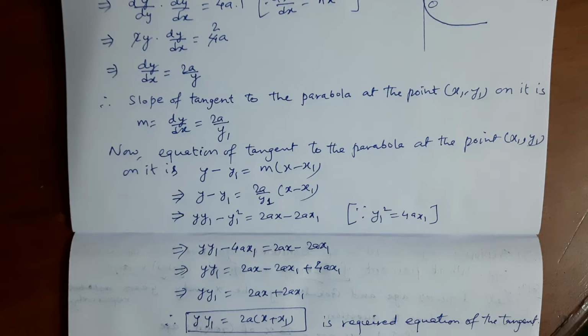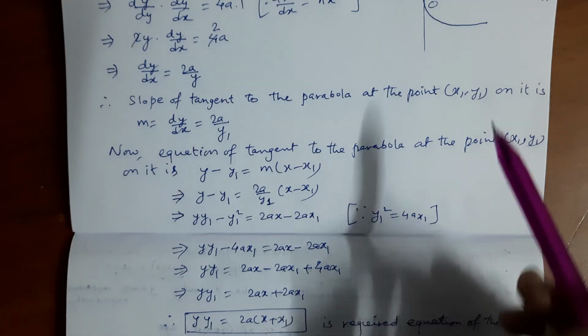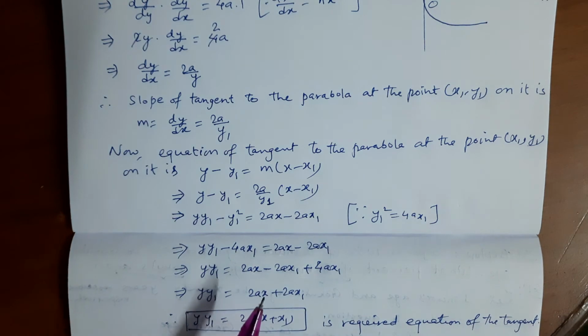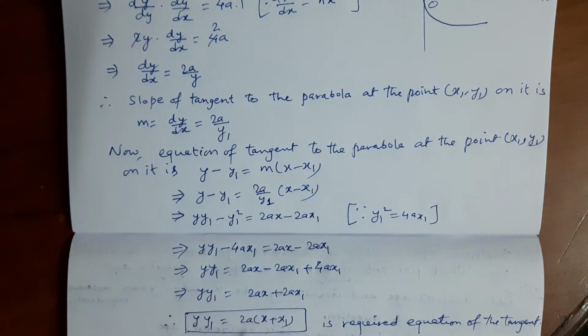Okay, so we have two equations of the tangent to the parabola. One equation of the tangent was y equals mx plus a over m, and the other is y y1 equals 2a times x plus x1. If the point on the parabola is given, then we need to use this equation of the tangent, y y1 equals 2a times x plus x1.